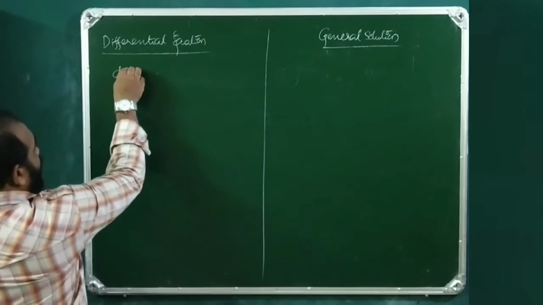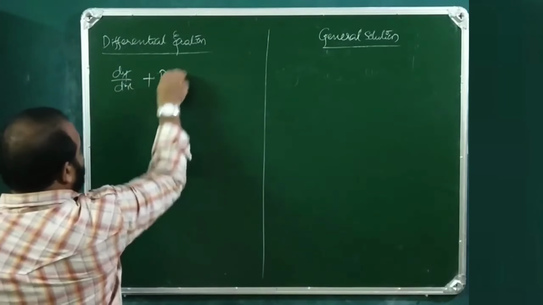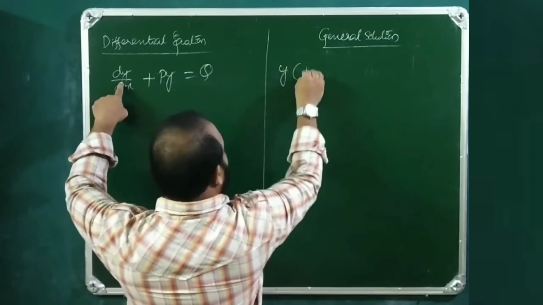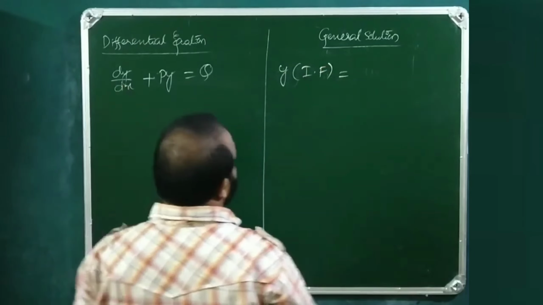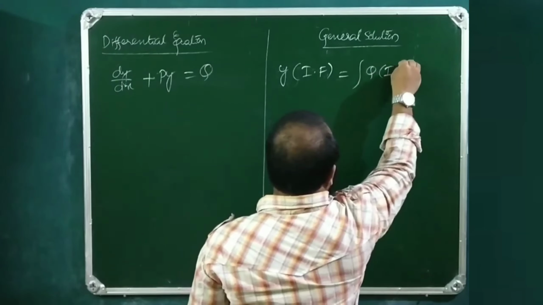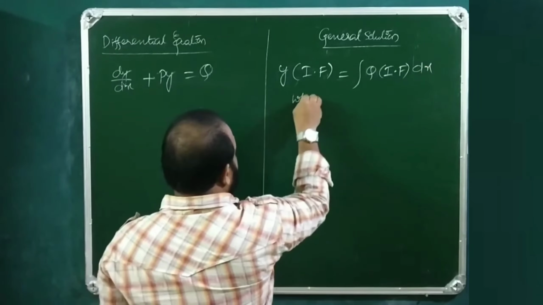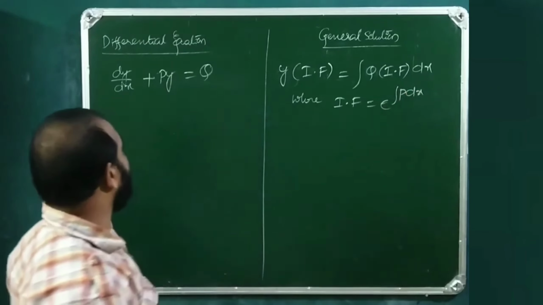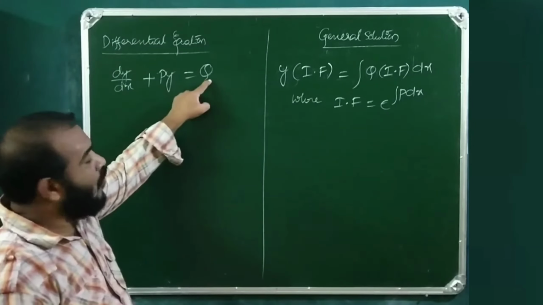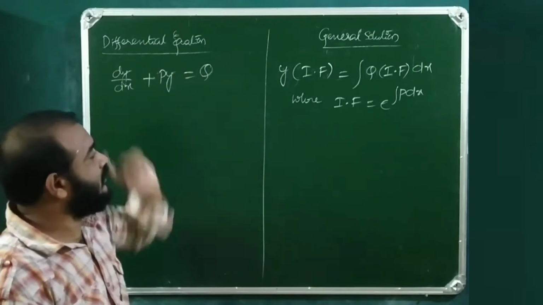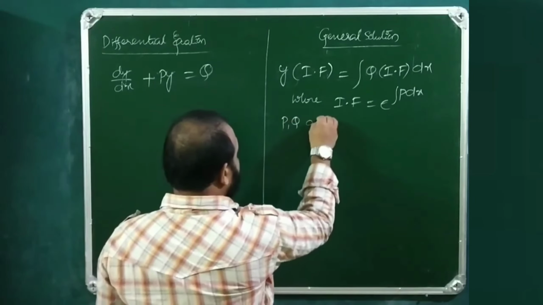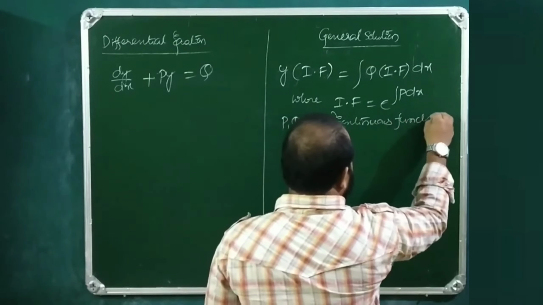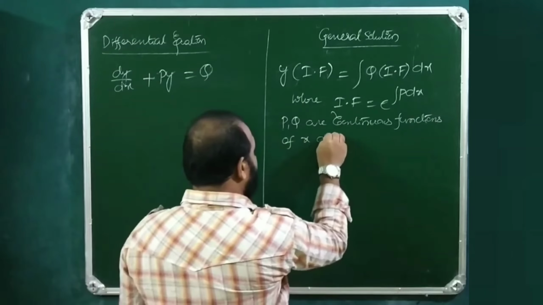If the differential equation is of the form dy by dx plus py equals q, then its general solution is of the form y into integral factor is equal to integral q into integral factor into dx, where integral factor is equal to e power integral p dx, and p comma q are continuous functions of x only.